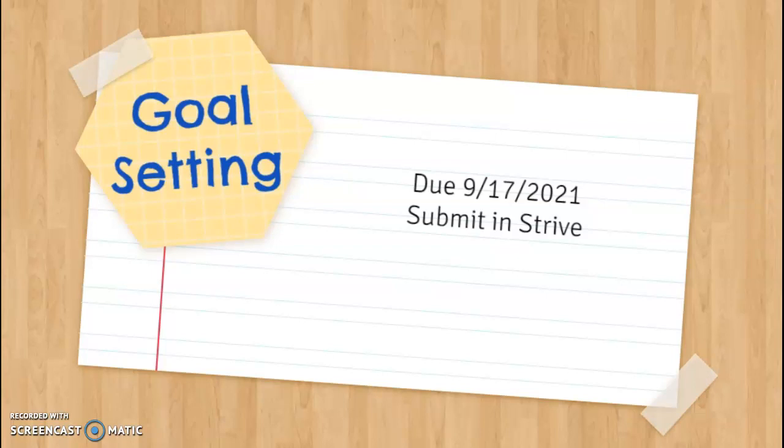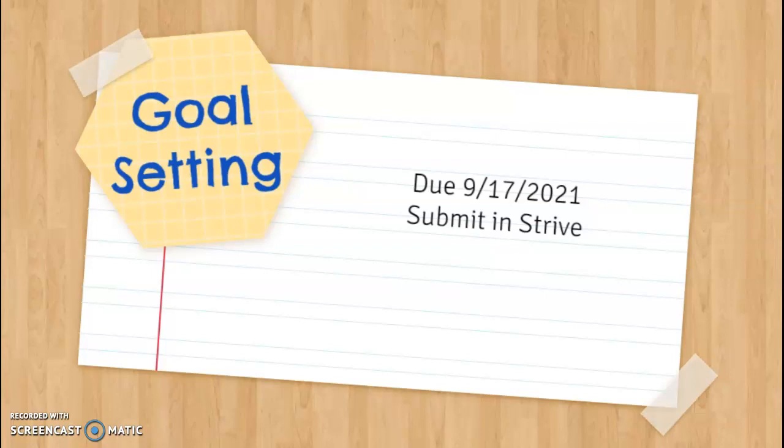For example, if you are a reading teacher and you want to improve in the knowledge of the units of study and to get your kids writing more, then you will think of ways to improve your own instruction of that content. So it is based on your professional work, but it is based on your personal growth.